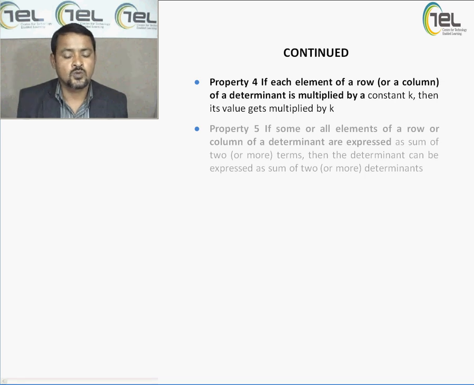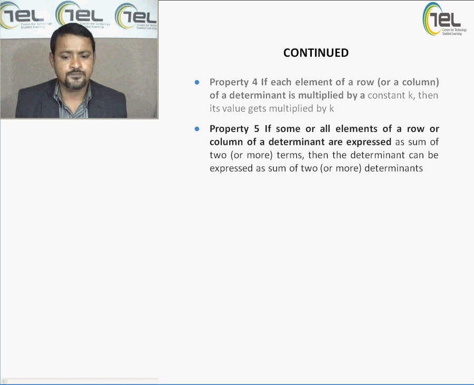So if you calculate a given determinant and the value comes to be x, and now you calculate the determinant whose numbers are multiplied by 5, then the value of that determinant will be 5x. Every item is multiplied by that number k.